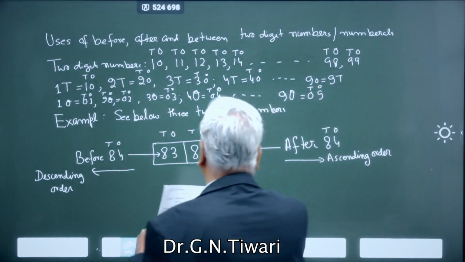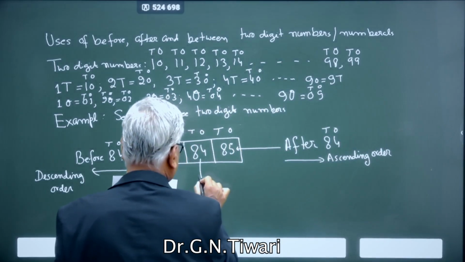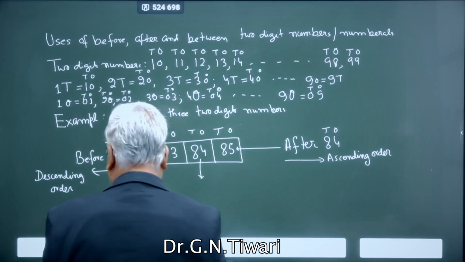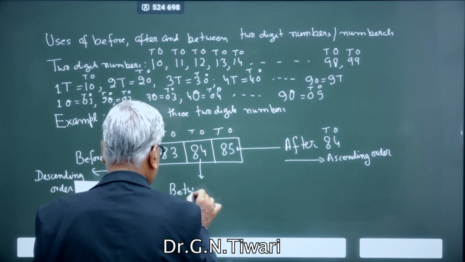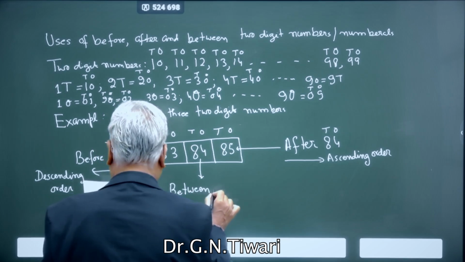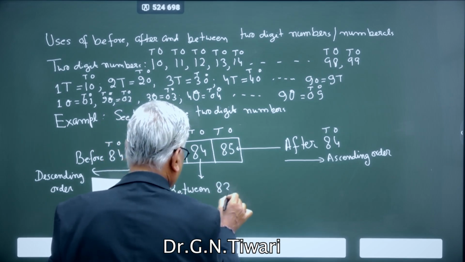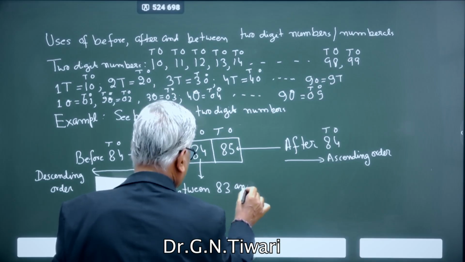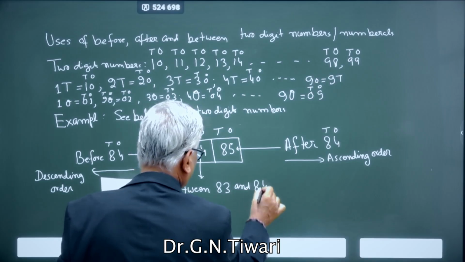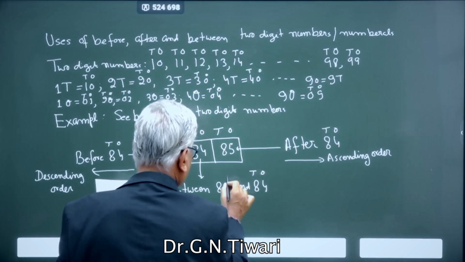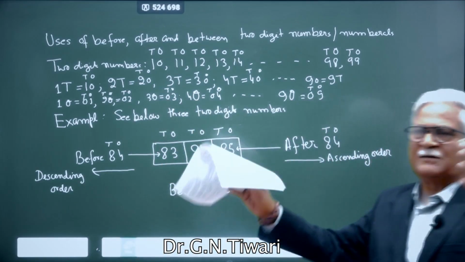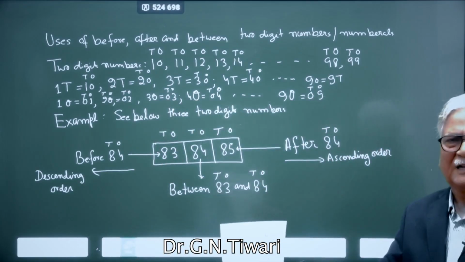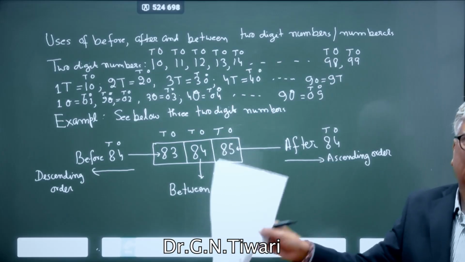Then the question comes, this 84. 84 is between 83 and 85. सिंपल भाषा, दो बच्चे बैठे हैं, उसके बीच में जो भी लड़का होगा, in between 2 boys or 2 girls.